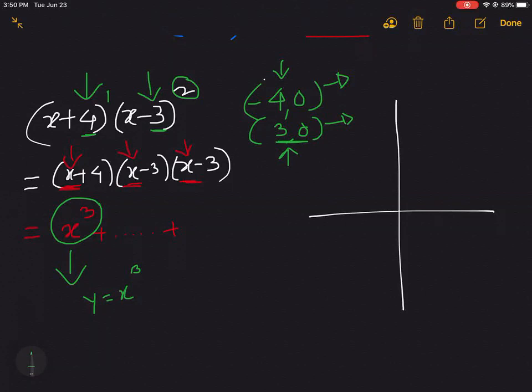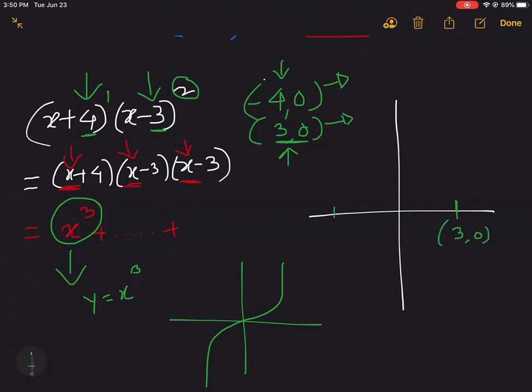So we know the graph of x cubed looks like this, right? Something like this, if I remember. So your graph will look something like this. It will behave something like this. So let's set up the problem. It's 3, 0.